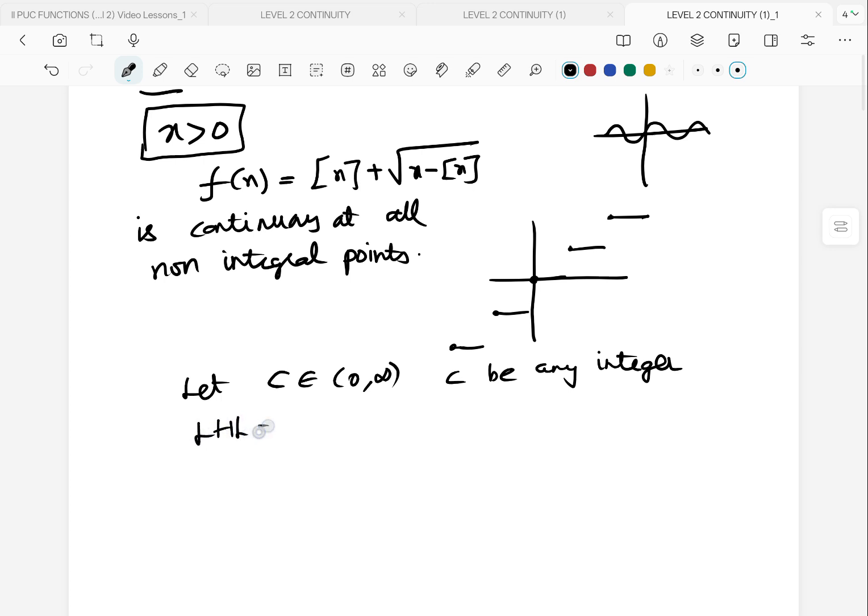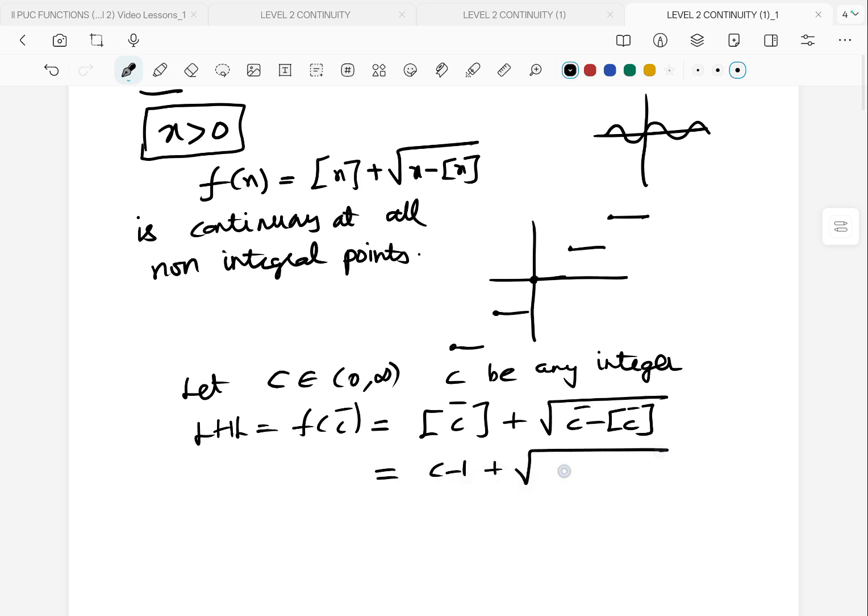Now, the left hand limit is f of C minus, which is nothing but step of C minus plus root of C minus minus step of C minus. So, what is step of C minus? It is C minus 1 plus root of C minus of C minus 1. So, C minus 1 plus 1, which is nothing but C.